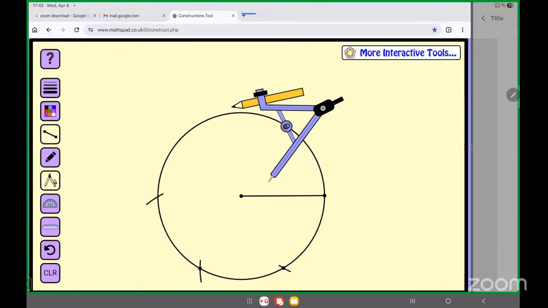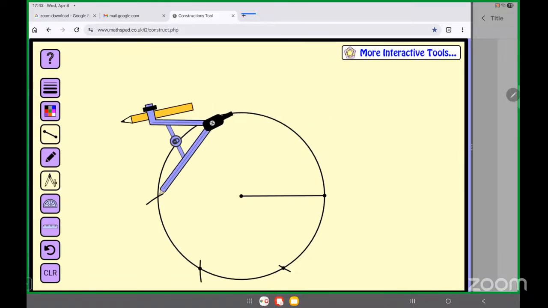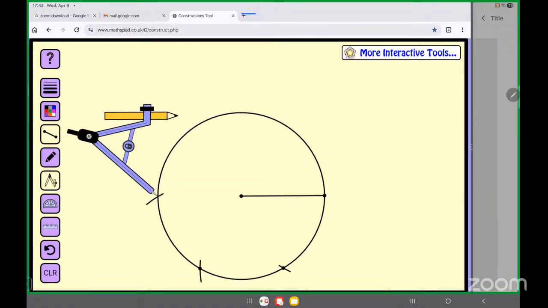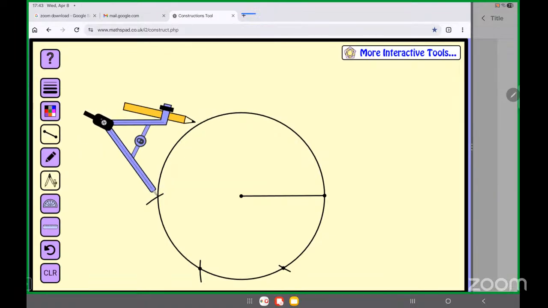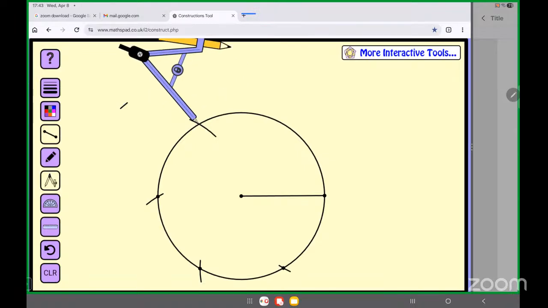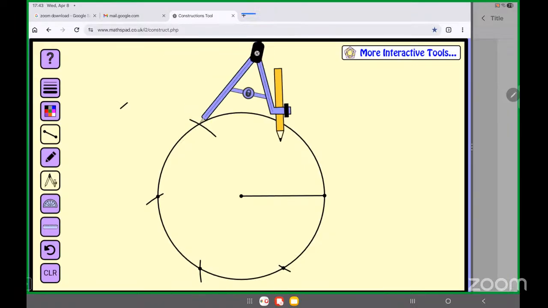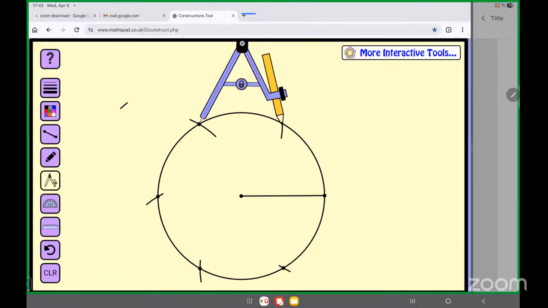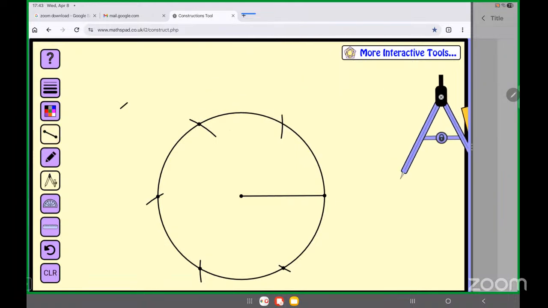If I come back to this point, rotate again, make another arc, that again is 60 degrees. Come back up to this point, rotate down here, make another arc, 60 degrees. All those are 60 degrees.